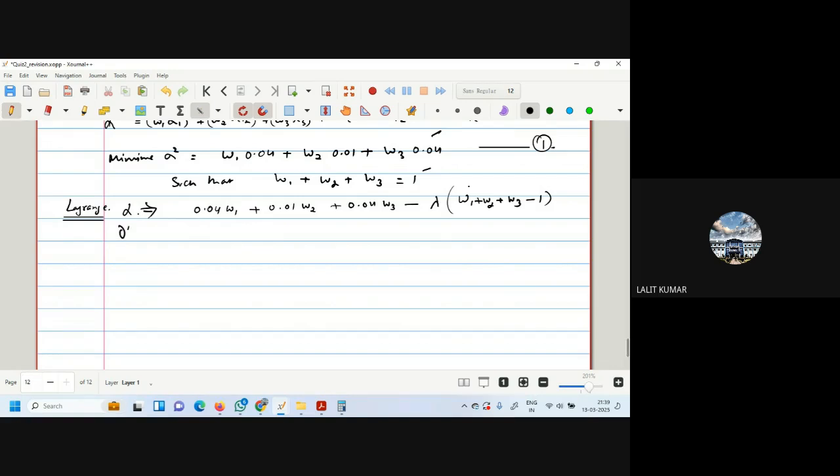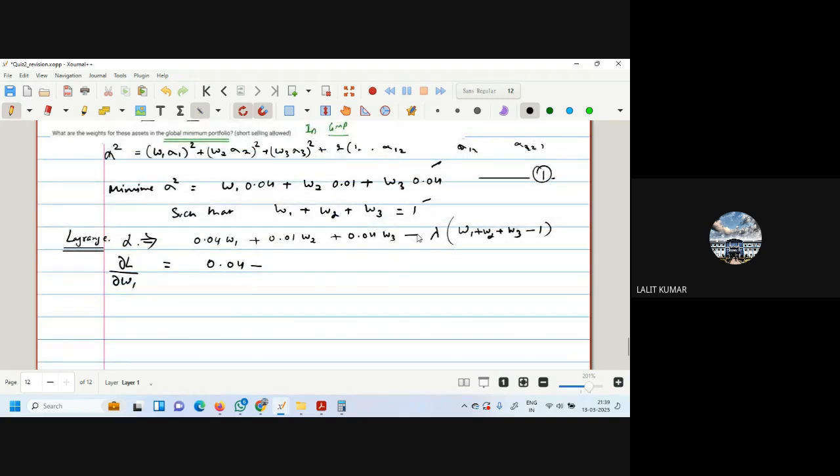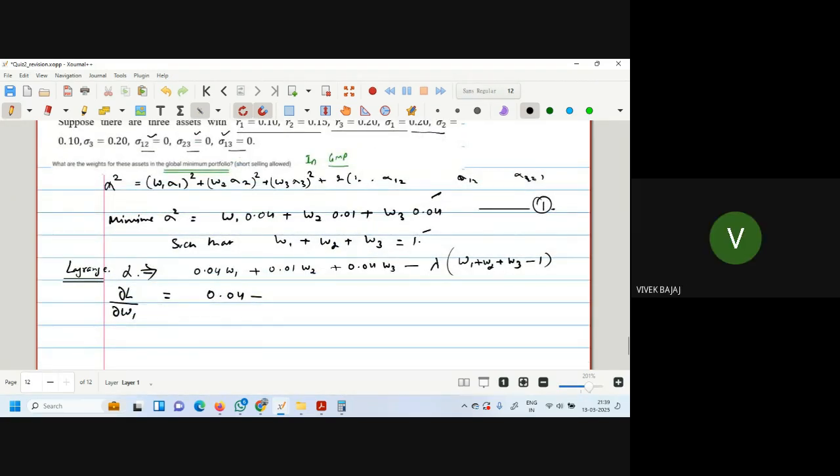First, with respect to W1: sorry, it should be W1 square, I had forgotten this. So this becomes 2 into 0.04 W1 minus lambda is equal to 0. Therefore, lambda is equal to 0.08 W1, number 2.